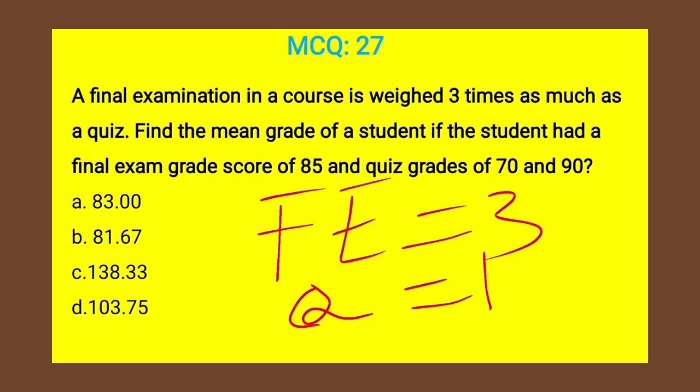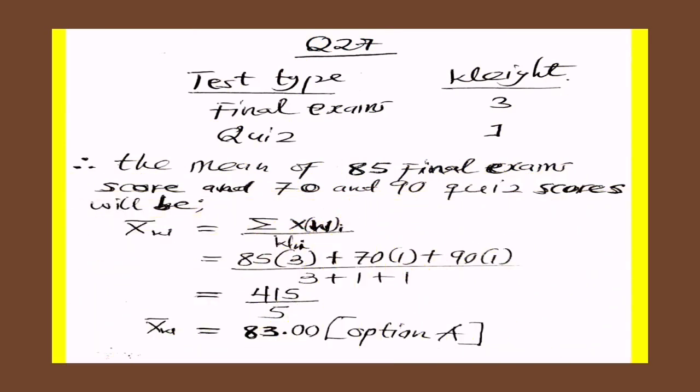So if I have 85 as my final examination score and quizzes of 70 and 90, here we have a weighted mean average. They are asking us to find the mean grade of a student, so I'm going to use a weighted mean.